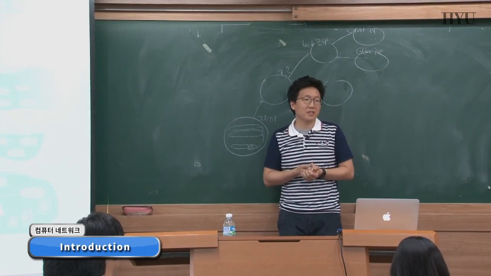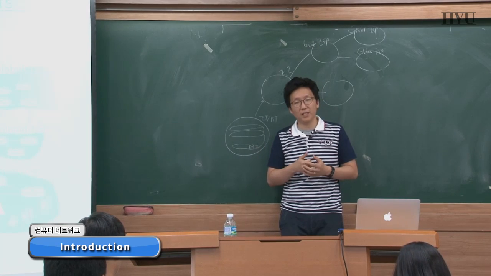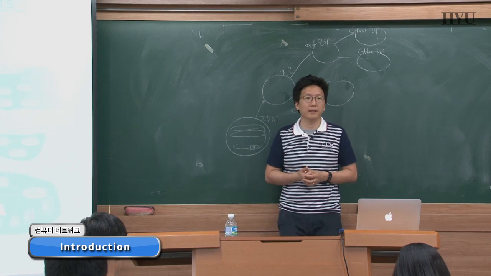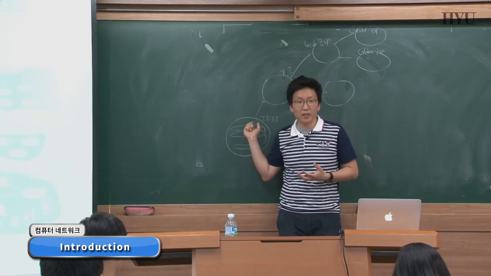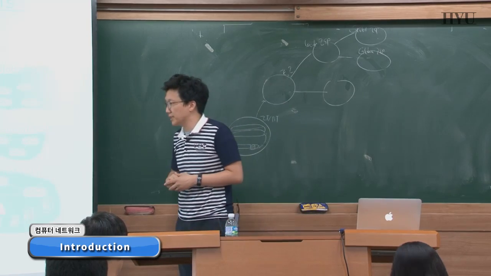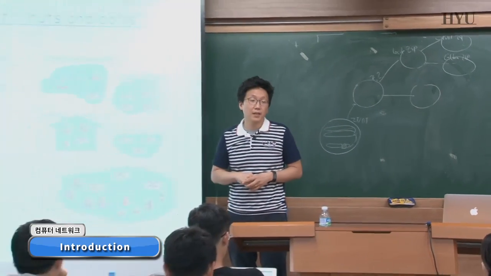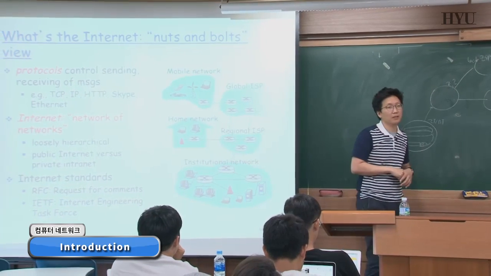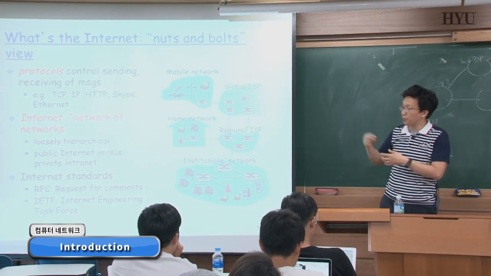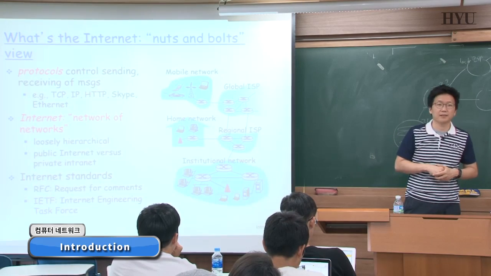So there must be some type of organization to come up with those protocols and agree upon how to connect to each other, right? There are things like RFCs, Requests for Comments. If you look up RFCs, it's just documentation of protocols that have been standardized.